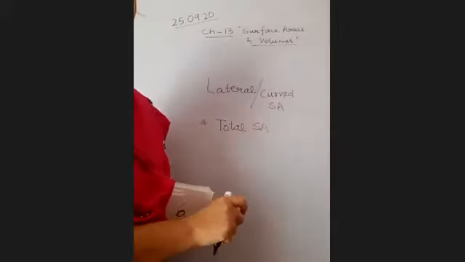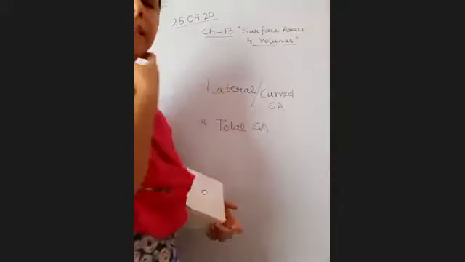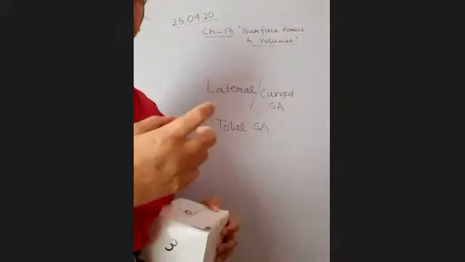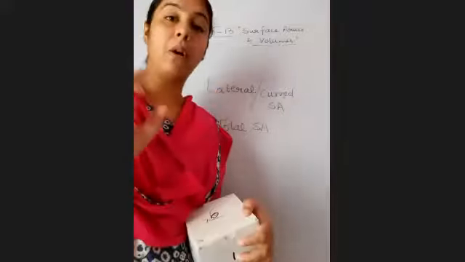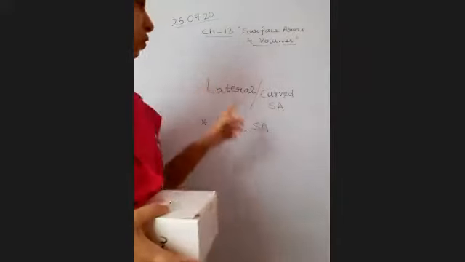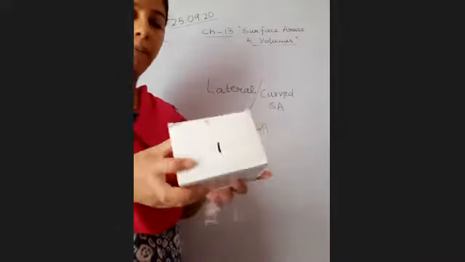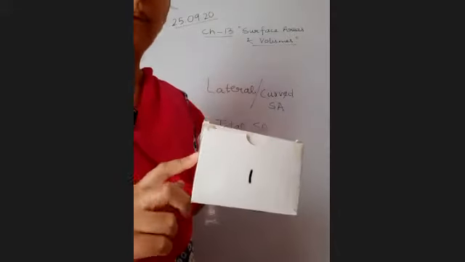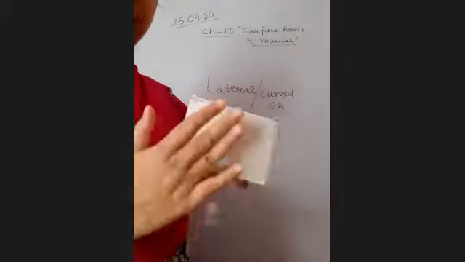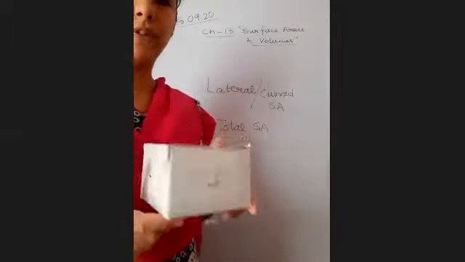Children, see, lateral means side. You have the word quadrilateral; quadrilateral means four sides. So lateral means side. Look, beta, if I have a cuboid or a cube, this is a flat thing. We call it a side, so we use the term lateral surface area.